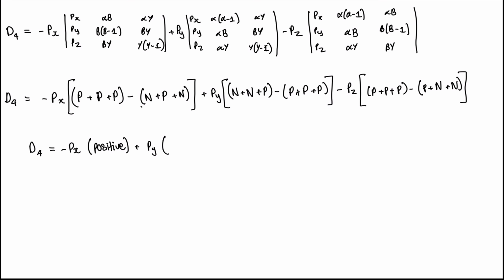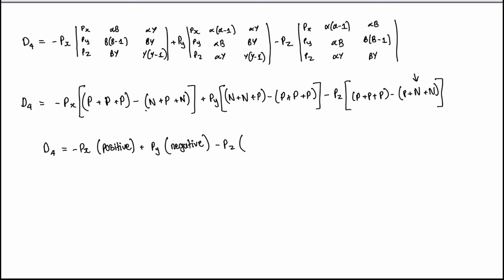This one, if we think about it altogether, we've got a positive number and we're going to subtract that from this, which looks like a negative number. So this is most likely going to be a negative. Over here, we've got a positive number minus what looks like a negative number. So this is likely to be positive.